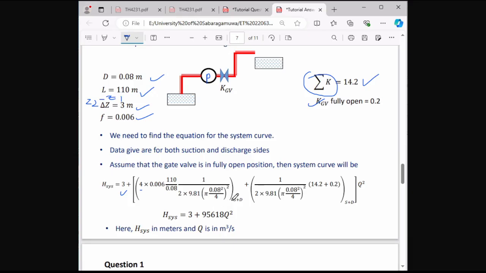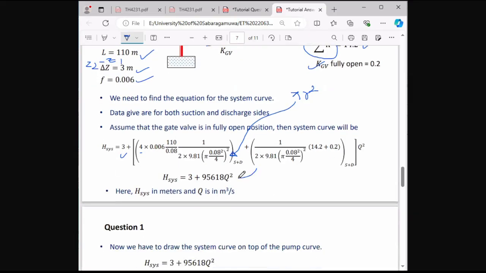You need to calculate the A value using pi r squared, since D is given; you can calculate the cross section of the pipeline. Likewise, you can add the component losses like this. After that you will receive this equation.